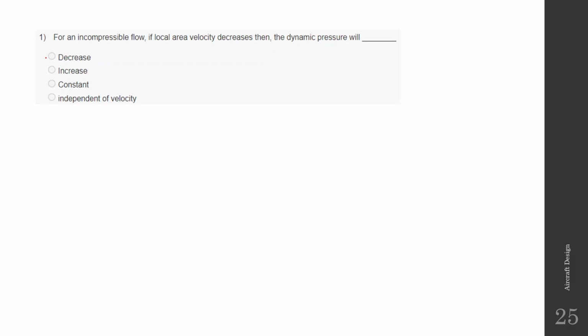In this case, obviously the dynamic pressure will decrease, because you know that the dynamic pressure q infinity is equal to half rho V infinity squared. This is also true for the local case. So if the local velocity decreases, then the dynamic pressure also decreases.